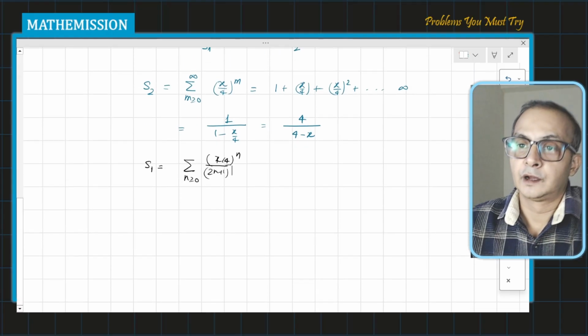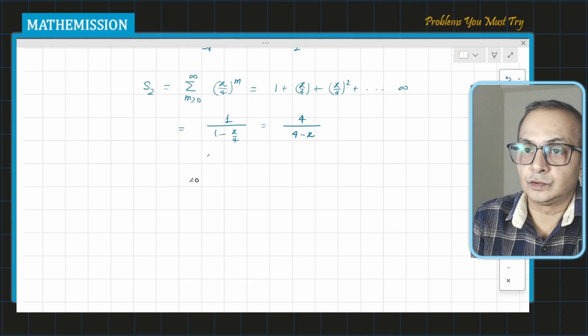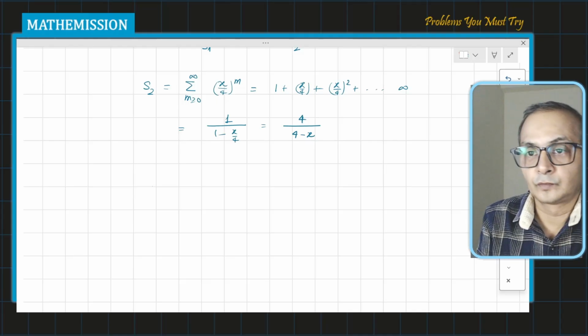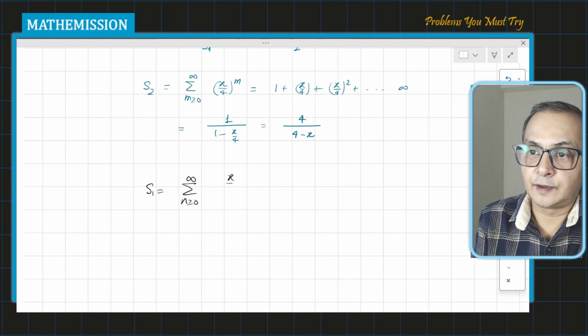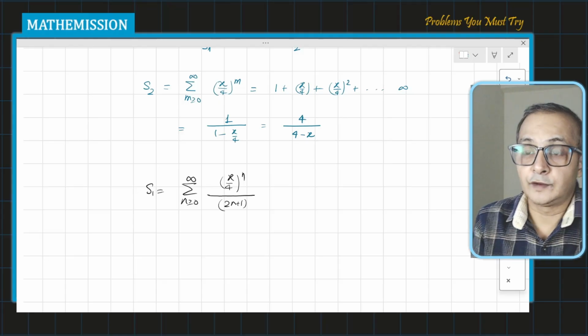Now, let me write it a little bit more clearly. So I'm writing here S1 is summation n goes from 0 to infinity, and x by 4 to the power n divided by 2n plus 1. Now how do we deal with this situation?